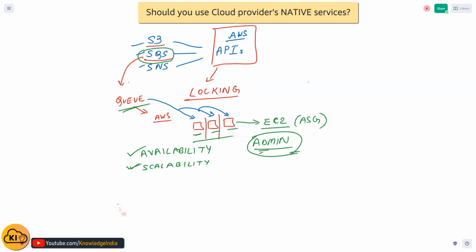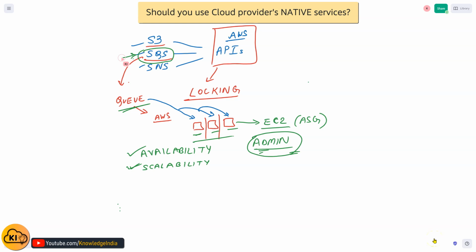Now someone might argue that, hey, you're saying we use SQS instead of hosting our own queue solution. What if AWS is not doing their job correctly and the SQS service goes down? Surely if that is happening, then that's a problem. So what you should do is check the record of SQS going down, how many times it has happened in the past that SQS has gone down, and for how much time that outage was there.